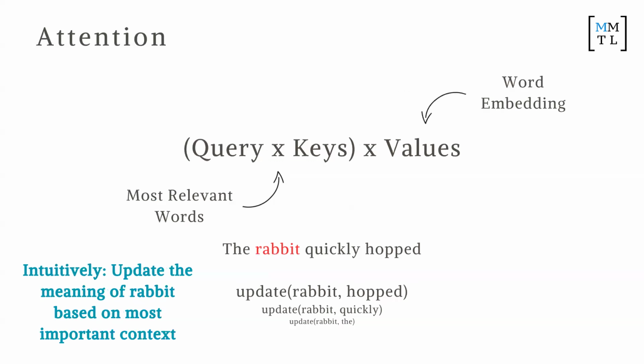Then it multiplies with values, which means it updates the meaning of rabbit based on the most important context. You update based on the weights you just calculated in the previous step: mostly on hopped, intermediately on quickly, and a little bit on the. Does that make sense?